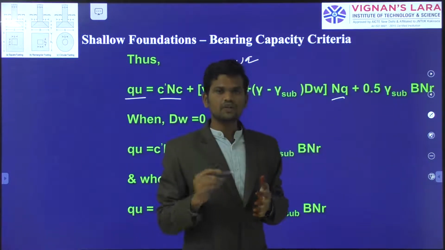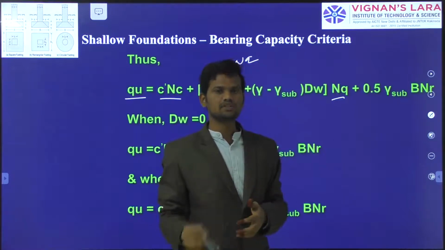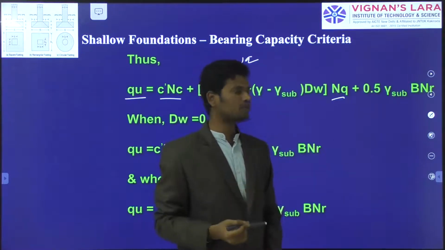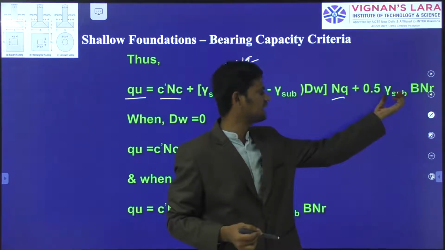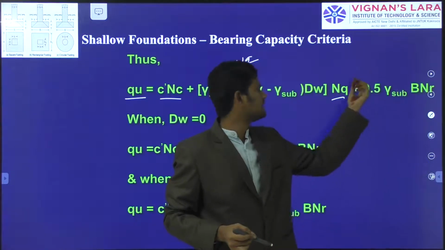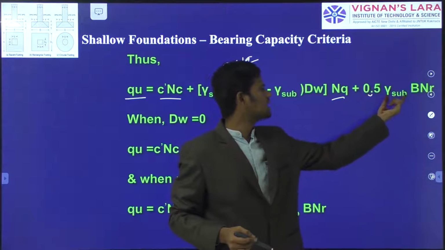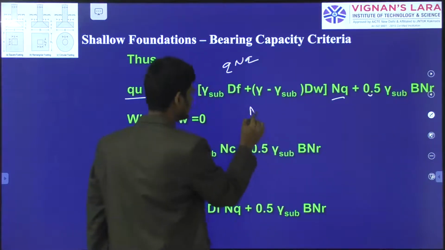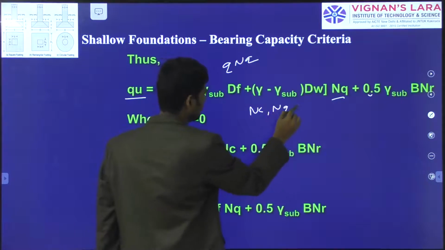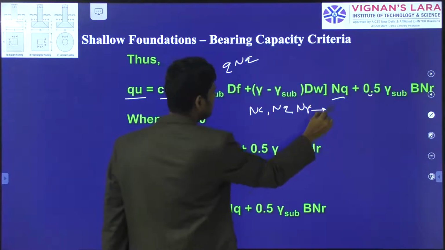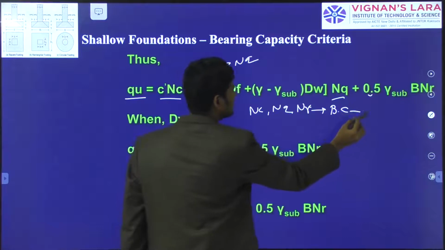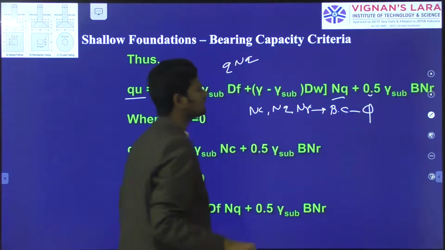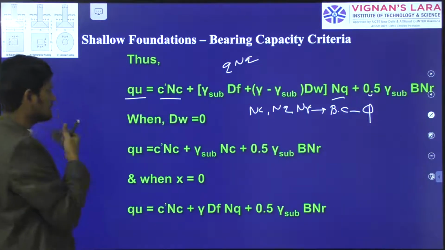The unit weight of the soil mass considered is that below the base of the foundation. What soil do we have below the base of the foundation? It is in a submerged condition, hence 0.5 into gamma submerged into B into N gamma. Nc, Nq and N gamma are the bearing capacity factors, which depend upon the angle of internal friction of the soil mass.